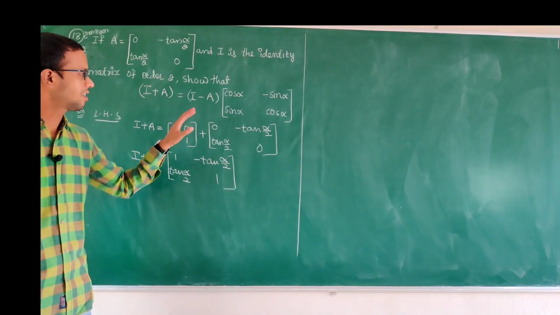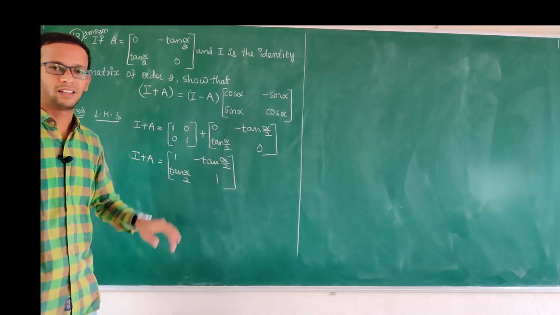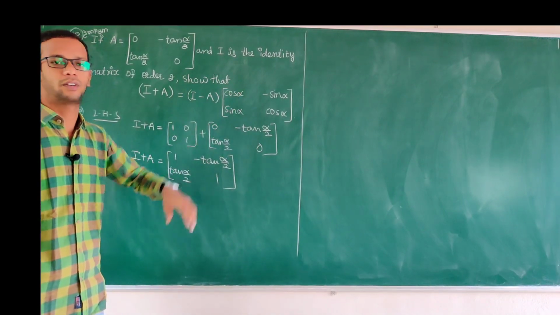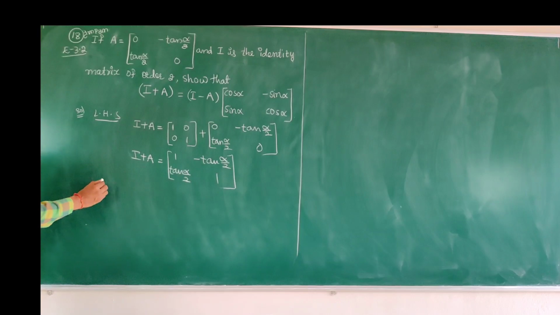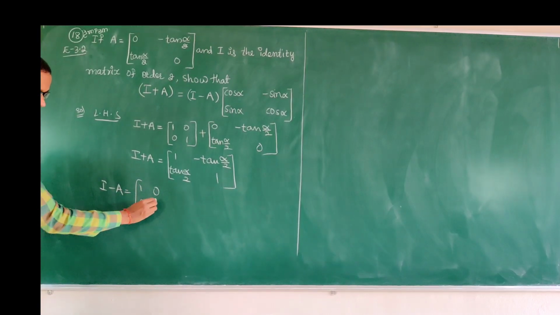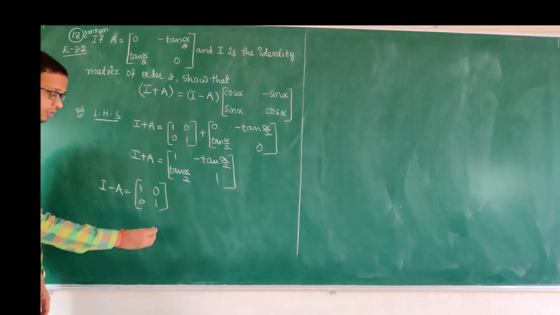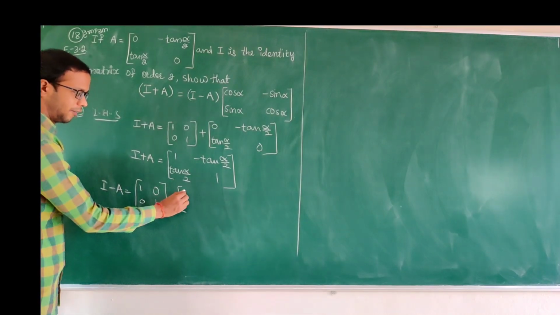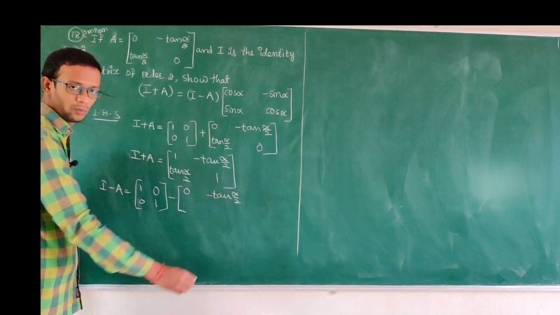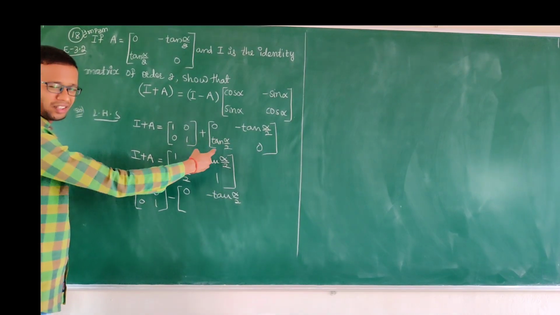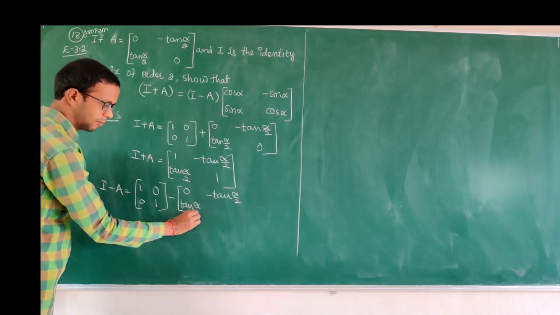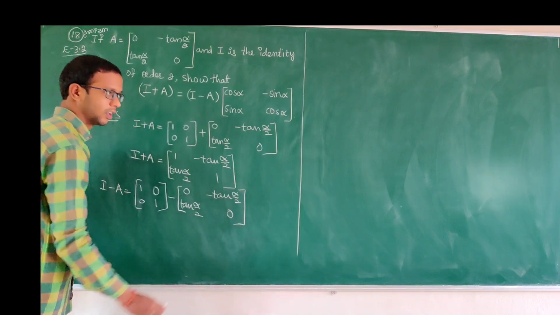Next, what is there on the RHS? I minus A is there. So first I'll find I minus A, then I'll substitute here. So I minus A: 1 0 0 1 minus A, which is 0 minus tan alpha by 2, next tan alpha by 2, 0.